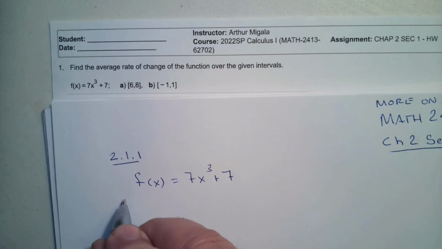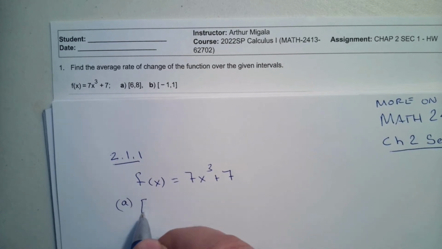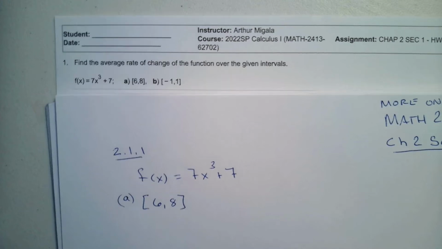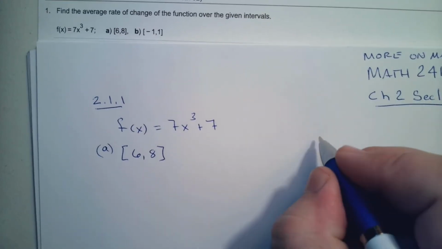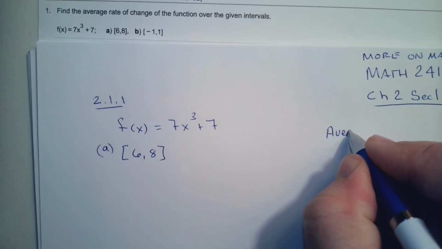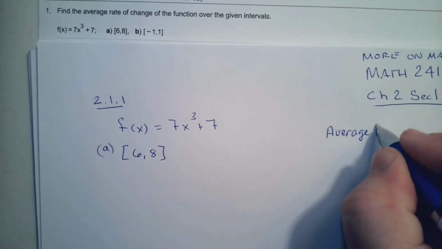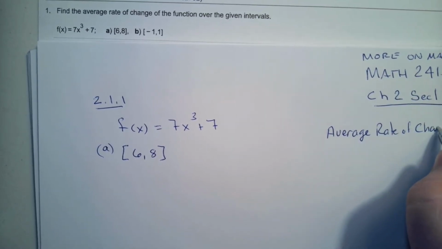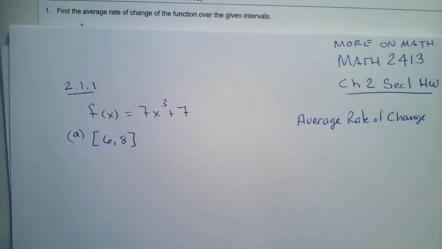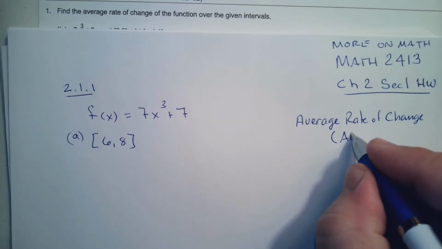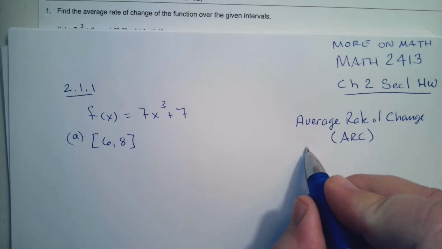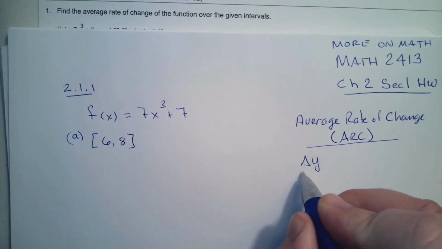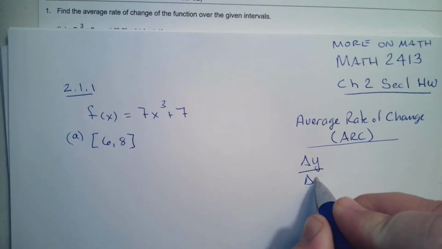Our first interval is 6 to 8. Remember, the average rate of change, which I'm going to call from now on ARC, is simply the vertical change over the horizontal change.